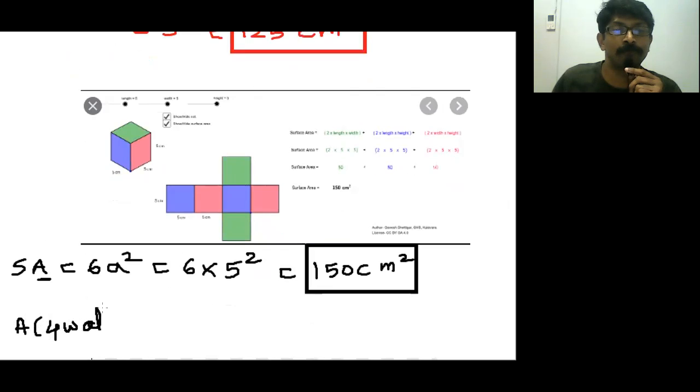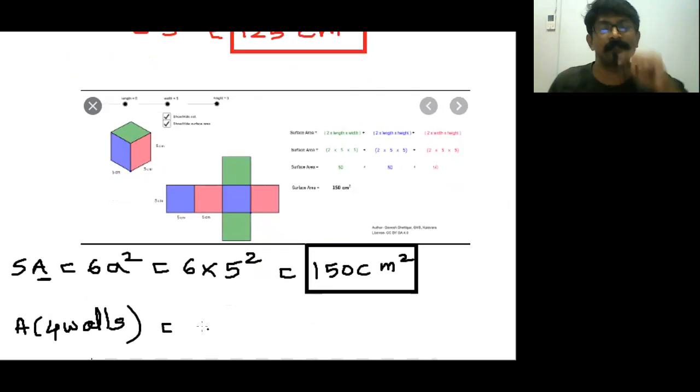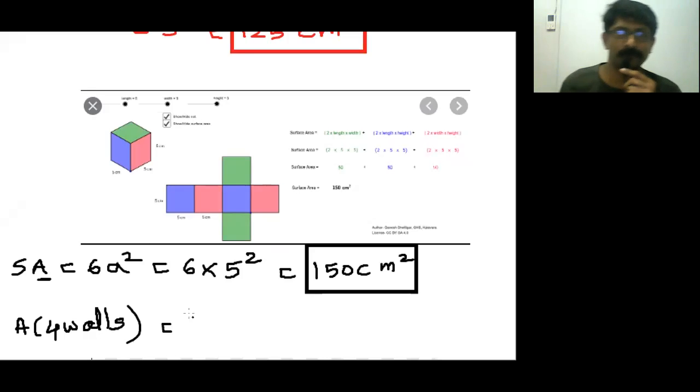Sometimes we get questions where a man has to paint his house during Diwali or Christmas festival, and he plans to paint his room on the four walls. So calculate his budget, and some dimensions are given to you. People don't understand what is supposed to be considered in that case. So in that case, we are supposed to consider the area of four walls.